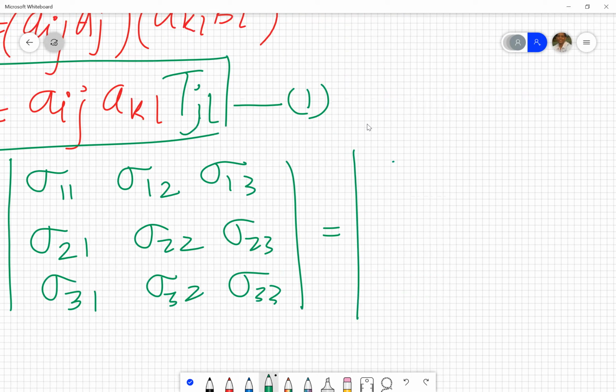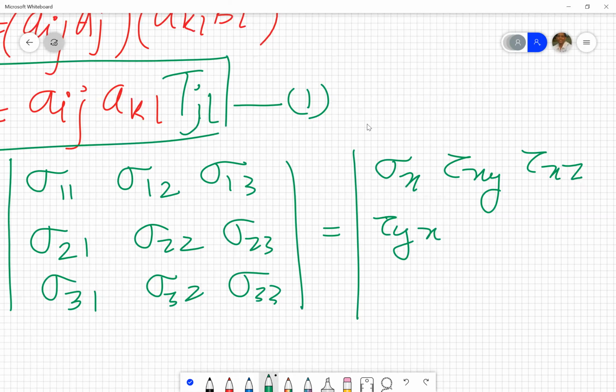Sigma 1 1 can be written as sigma x or sigma xx. Sigma 1 2 is the tau xy, and sigma 1 3 is the tau xz. Now sigma 2 1 is the tau yx, sigma 2 2 is sigma yy or sigma y, and sigma 2 3 is the tau yz.